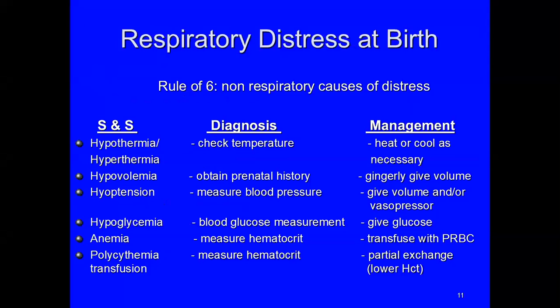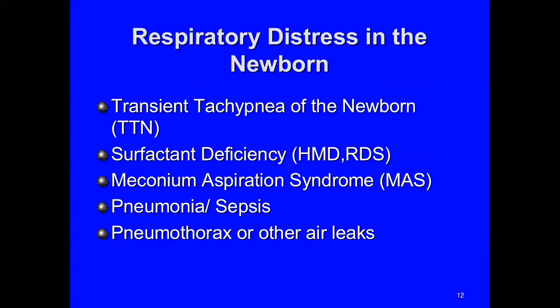Respiratory distress can occur at birth in newborn babies. It is also a transient tachypnea of the newborn.